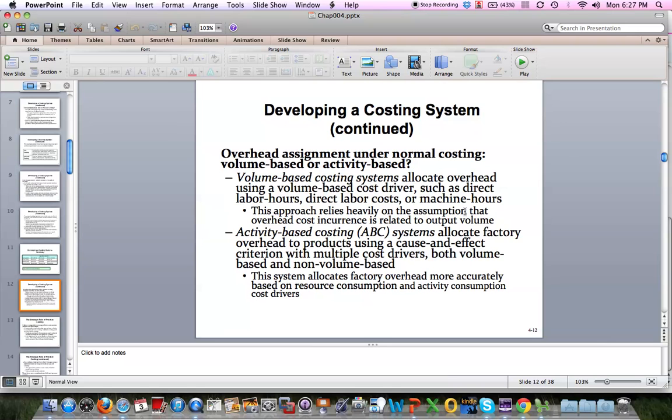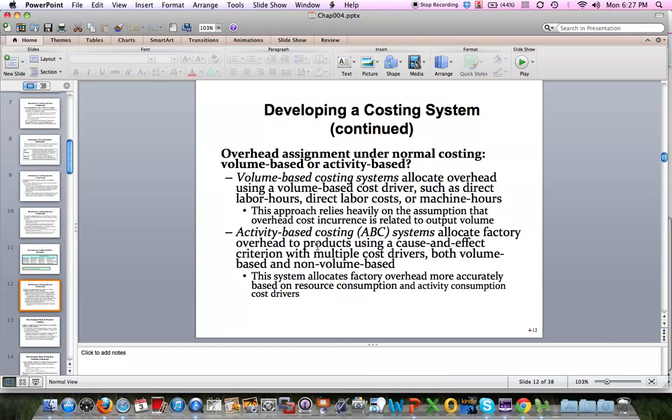Those are all very easy to measure. That's why they're popular to use. And the theory is overhead cost is incurred in relation to output volume. So with machine hours, the more we manufacture, the more machine hours we incur. The more we manufacture, the more labor we incur. So it's all based on volume.